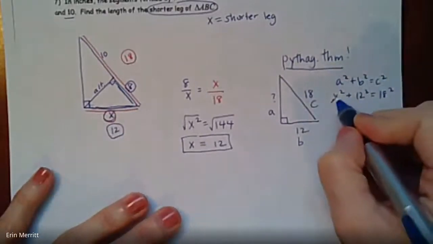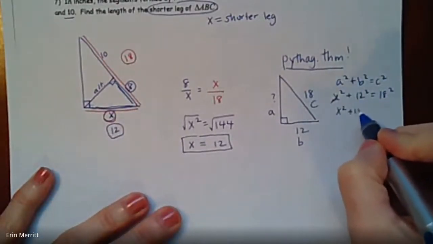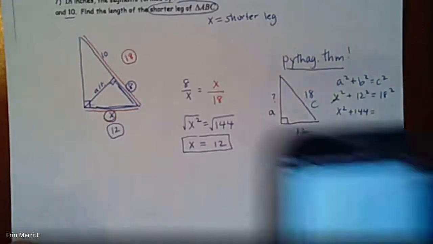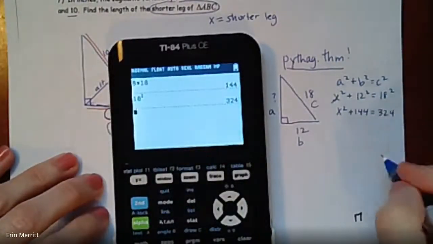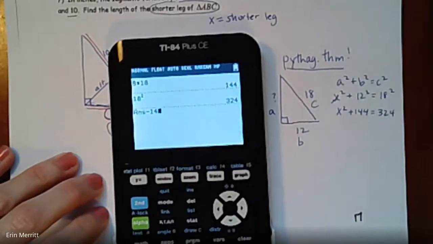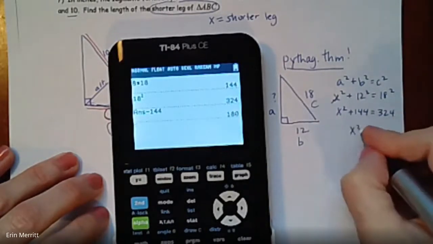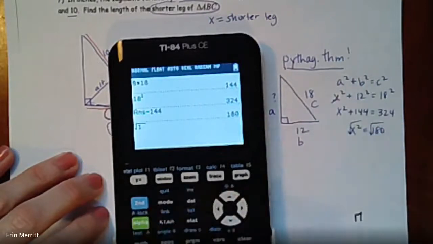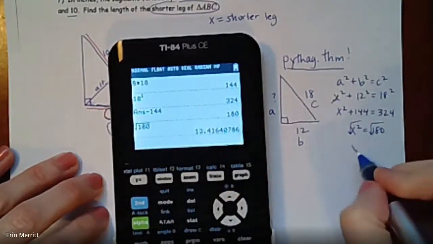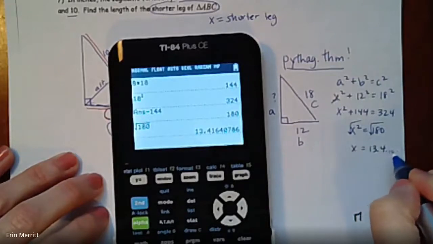I just didn't want to confuse anybody. We'd get X squared plus 144 equals 18 squared, 324. All right. So 324 minus 144, we get X squared equals 180. And then when you take the square root of that, that comes out as 13.4 and so on.